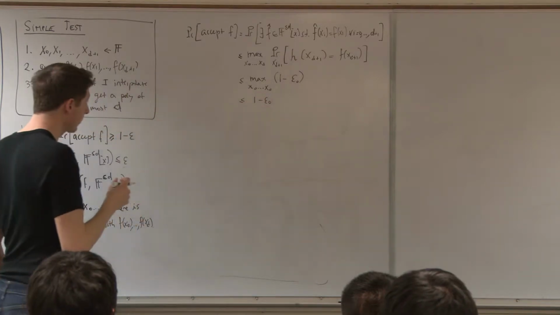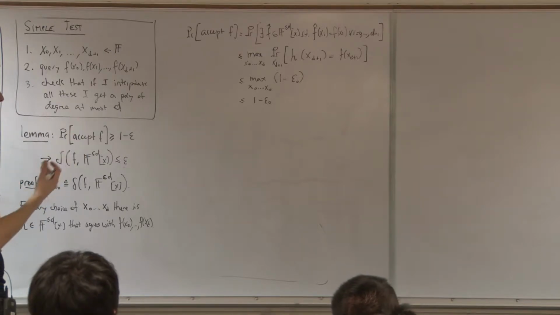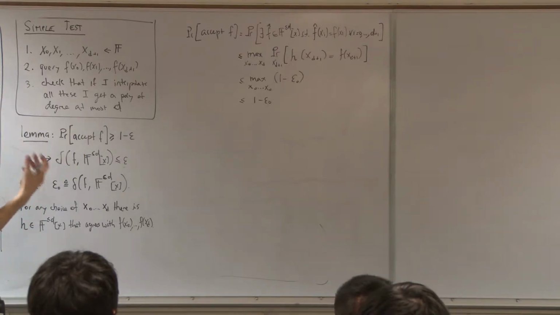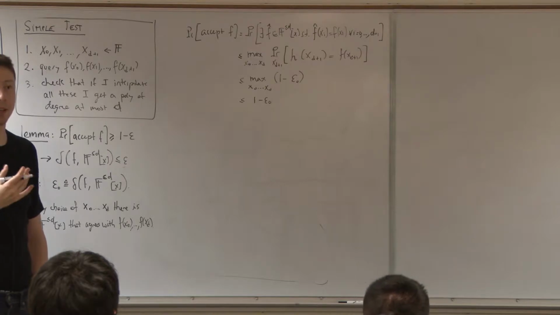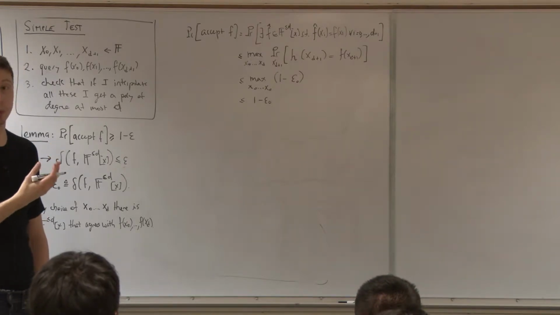And in fact, even before the analysis, we noticed that to some extent it doesn't really matter that I'm picking x0 through xd at random. I could have fixed them to be the first few points.